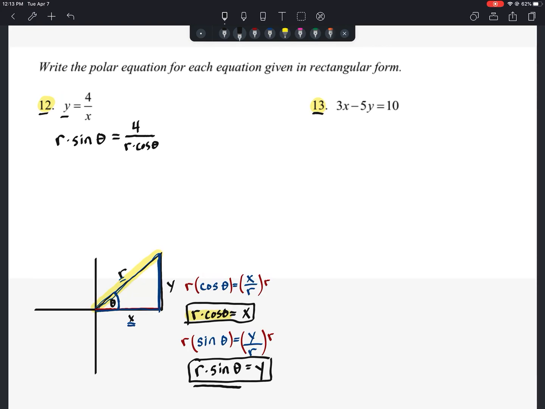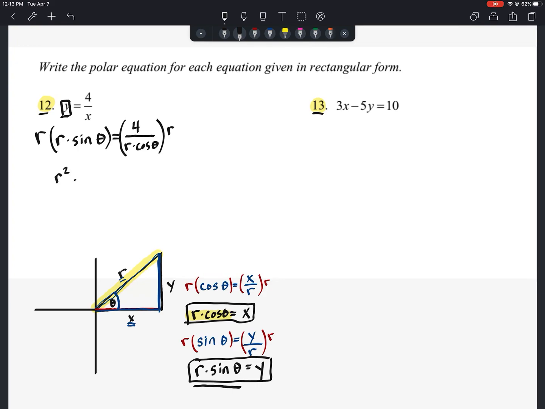What we want to try to do here is solve for r. We want r to be by itself, just like a lot of times we have y by itself. It doesn't always work perfectly, but in this case I think it should. First, let's get rid of the r in the denominator by multiplying by r on both sides.